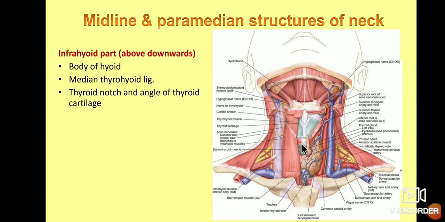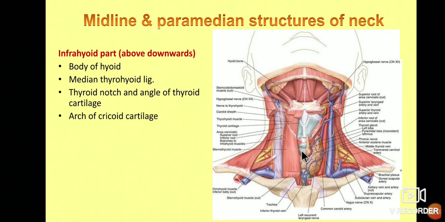Below that, what you are able to see here is the cricoid cartilage. The anterior arch of the cricoid cartilage you are able to see here, and between the arch of the cricoid cartilage and the thyroid cartilage you have the cricovocal membrane, which is actually a membrane of the larynx.